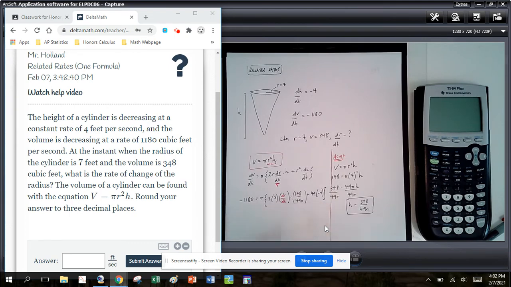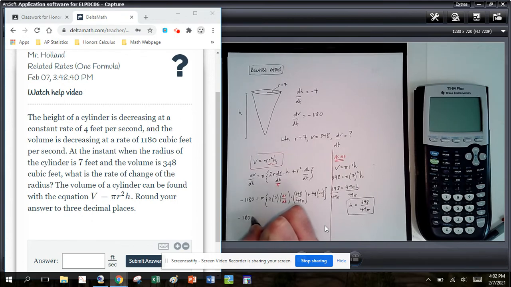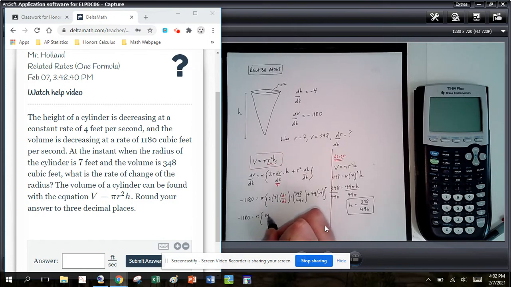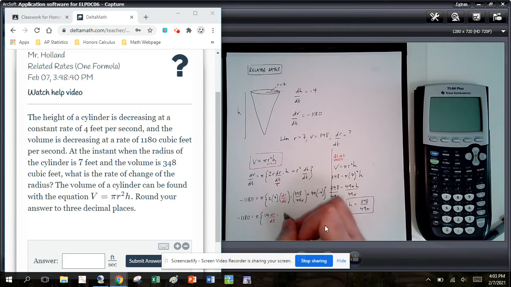So now you have to solve this equation. Negative 1180 equals pi times 2 times 7, that's 14, so that's going to be 14 dr/dt, and I'm going to be multiplying that by 348 over 49 pi.